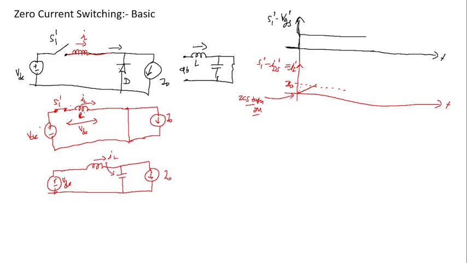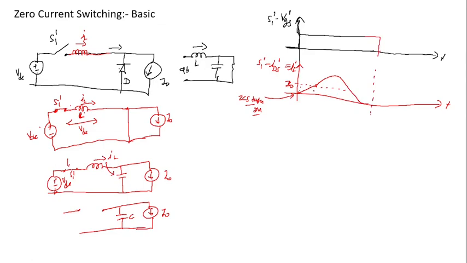Which means before turning off the device, before applying the negative pulse or zero pulse to switch S1 prime, the inductor current automatically becomes 0, and the load current will be carried by the capacitor C. So the current I naught will be here at this pulse, and here we will be turning off the device.